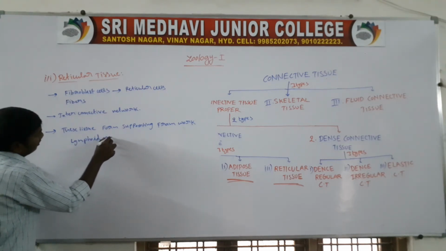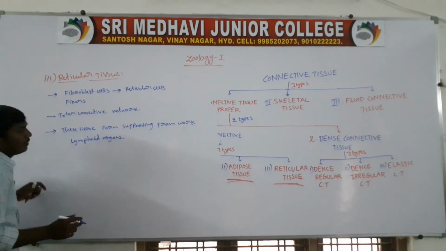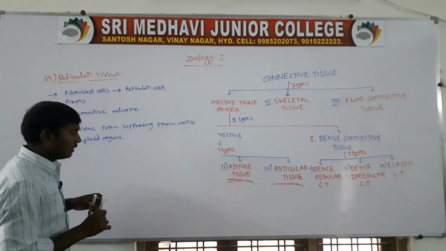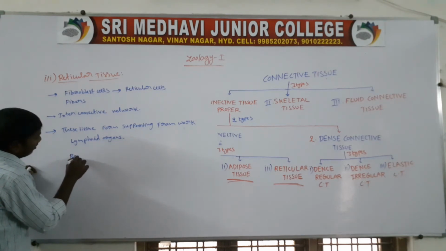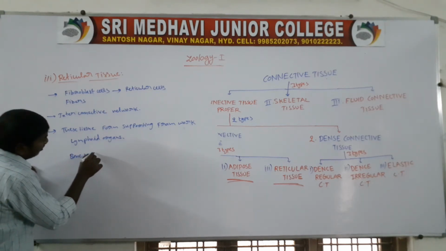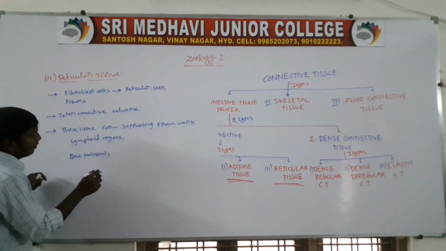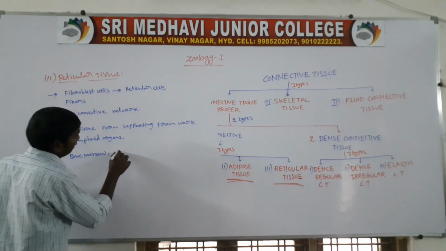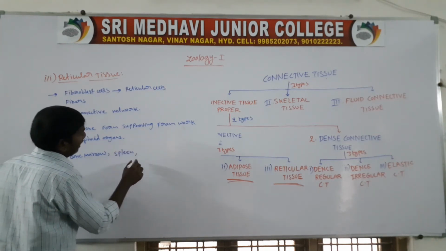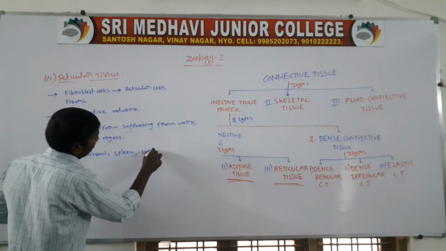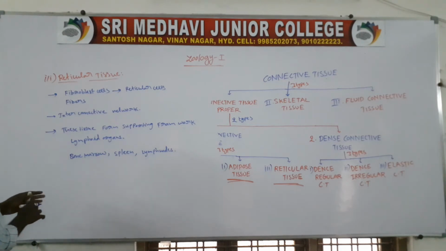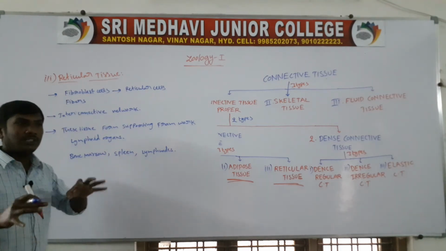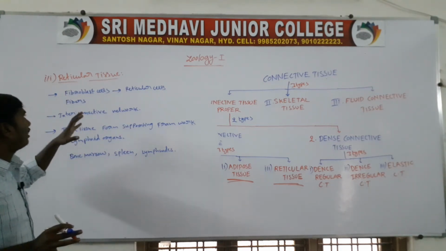The lymphoid organs are the bone marrow, spleen and lymph nodes. They are all supported by reticular tissue.